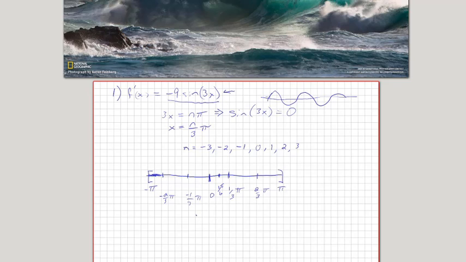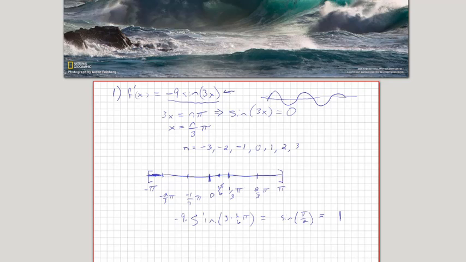And I know sine of 3 times 1/6 pi equals sine of pi over 2. And we know that sine of pi over 2 is 1. But of course, that's not my function derivative. It has a negative 9 in front.